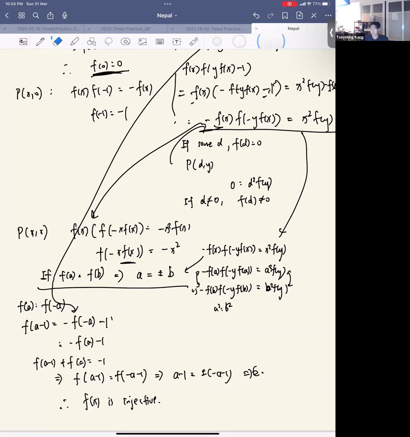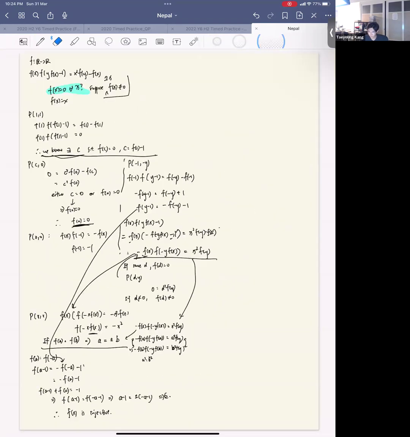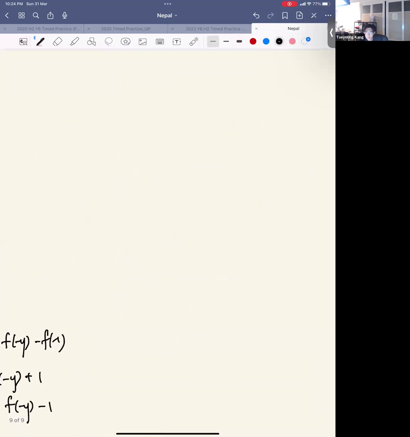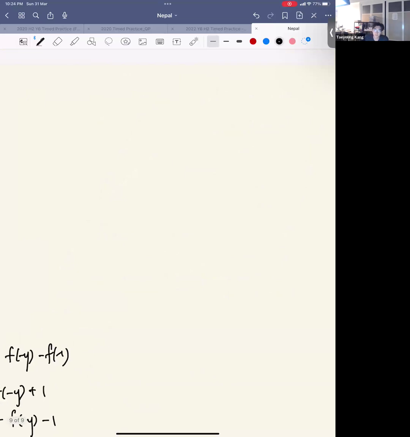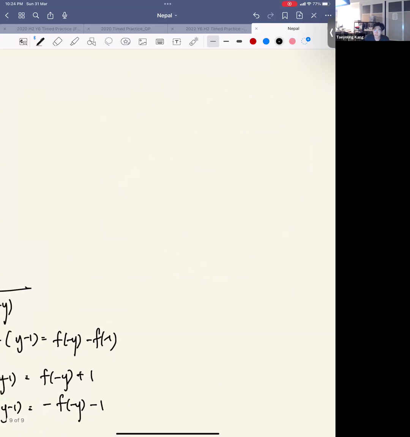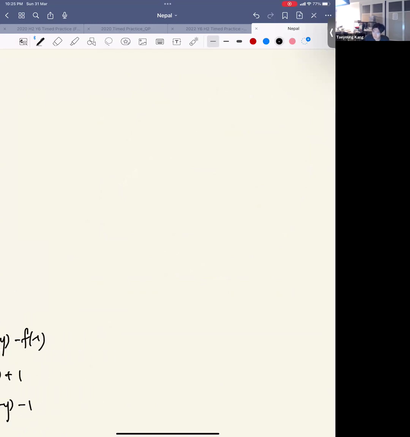Okay. We'll proceed over here. So now that we have the injective condition, we can go back to our original P(x, x), which will give us that f(-x f(x)) is equal to -x squared.